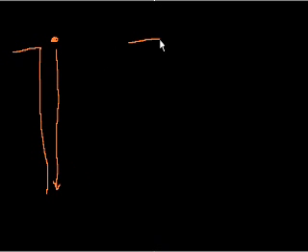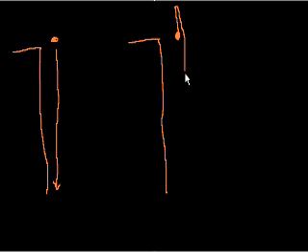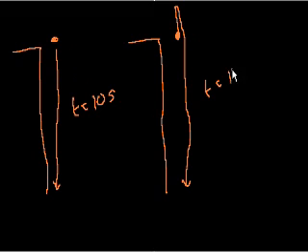In the second case, it first went up and then it went down. So it had all that time going up, and then it went down a longer distance. So it makes sense that this time is 10 seconds, while this time was 13.45 seconds.